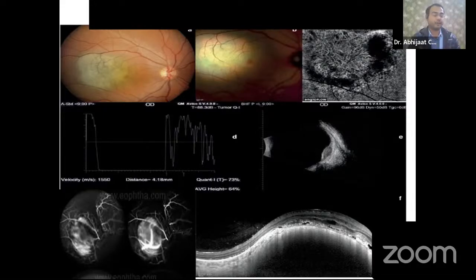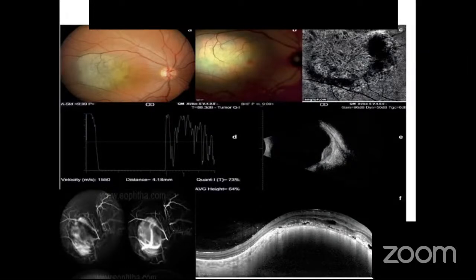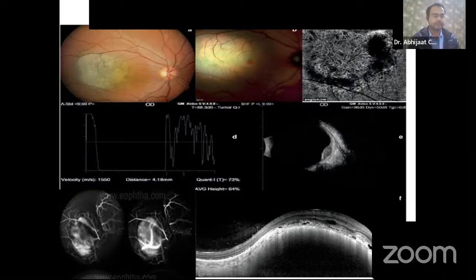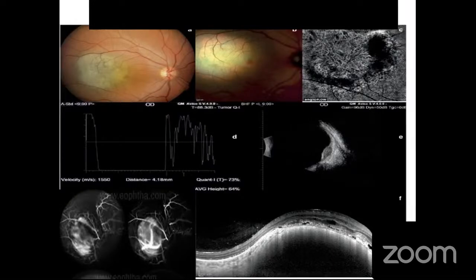Because of the very regular internal structure, the spikes progressively go down from the anterior surface as you go within the tumor, and so you will get a sloping angle, what is known as angle kappa, in melanoma. Along with that, you'll have choroidal excavation, where at the base of the tumor the choroid is excavated out because it is arising from the choroid.